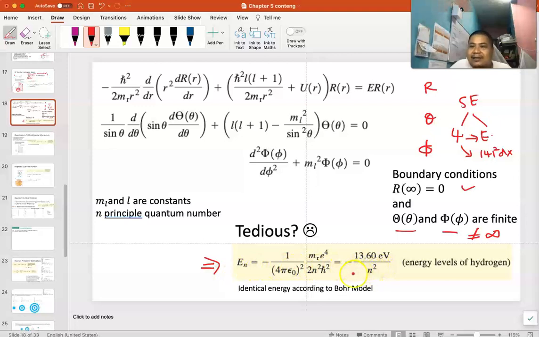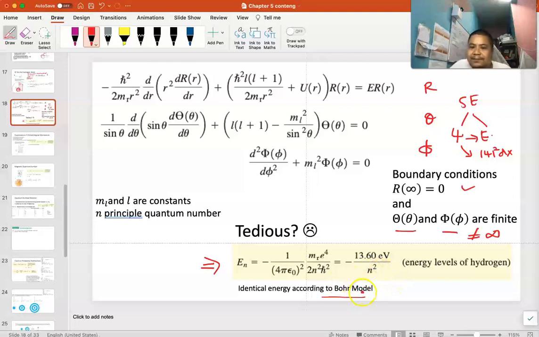Surprisingly, using the Schrodinger equation, it is exactly the same as the energy given by the Bohr model. So that means this Schrodinger equation technique is also in compliance with the previous theory by the Bohr model. It is good enough to get the same expression using the Schrodinger equation and the Bohr model.